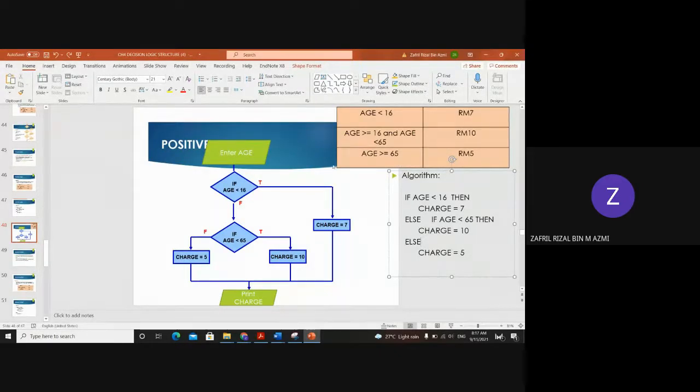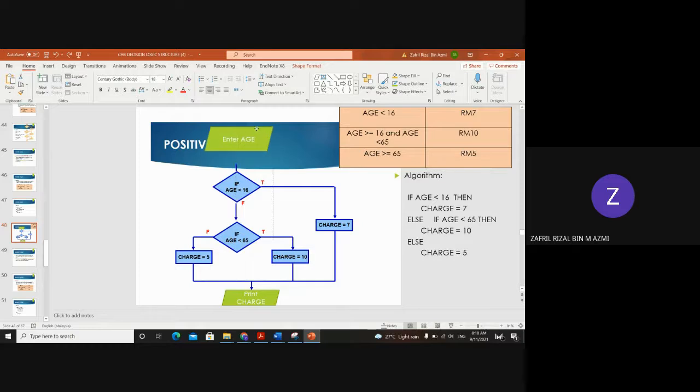Okay, so positive logic. What's the difference between positive and straight through logic? Before that, if we get an input, for example the user enters age 5, the compiler will check the decision: 5 less than 16.